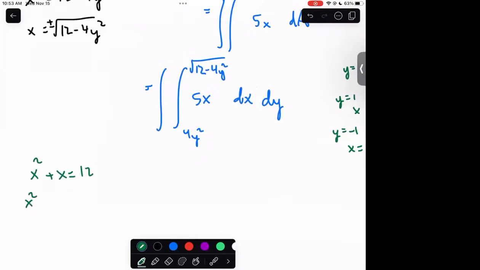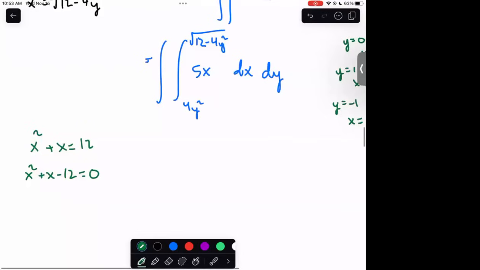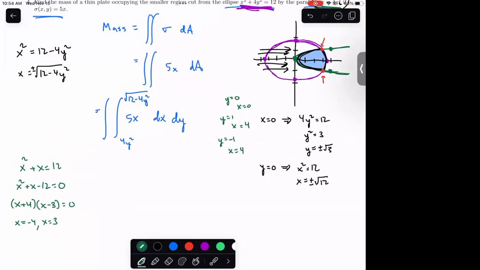With this, I can rearrange and I can factor. And this tells me that the x value is either going to be -4 or 3.